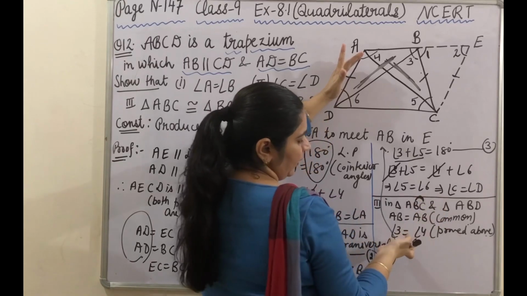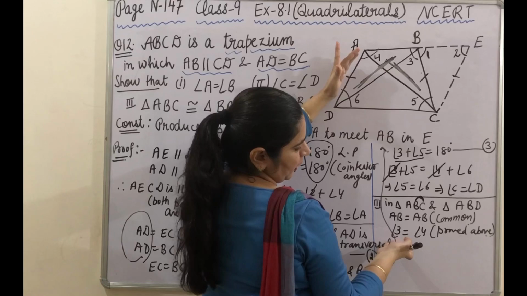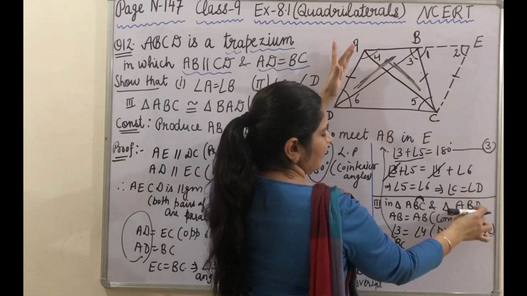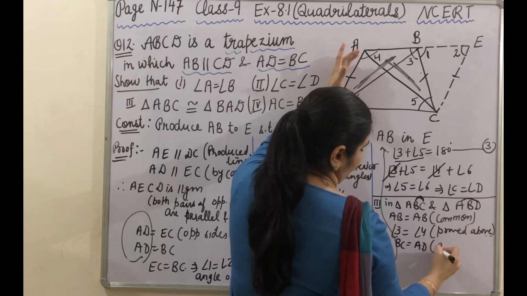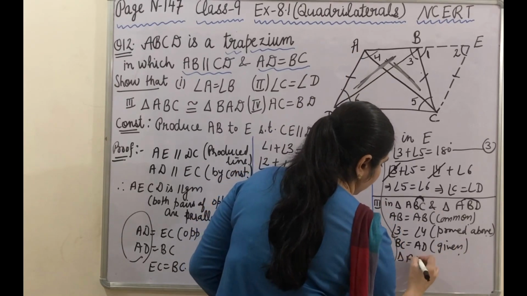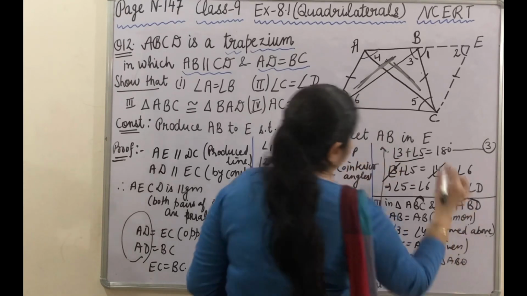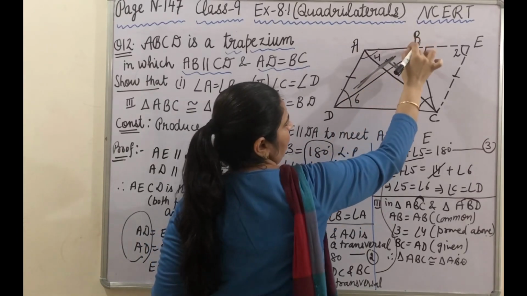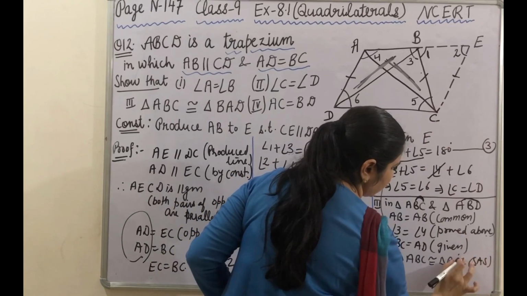If I write AD in this triangle, it will be wrong, because AD is not lying in this triangle. So here I have to write BC is equal to AD. AD is lying in the second triangle. BC is equal to AD. It is already given, so I can write both the triangles ABC is congruent to ABD. Criteria is this side, angle, side. Criteria is SAS criteria.